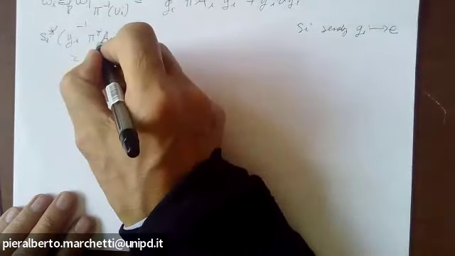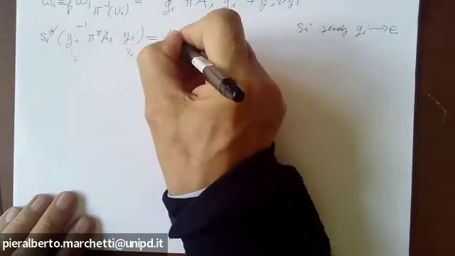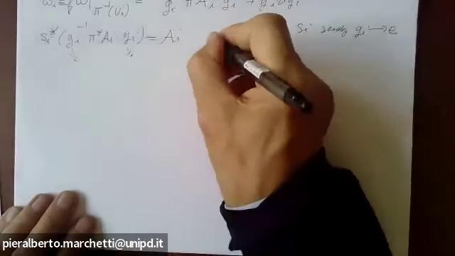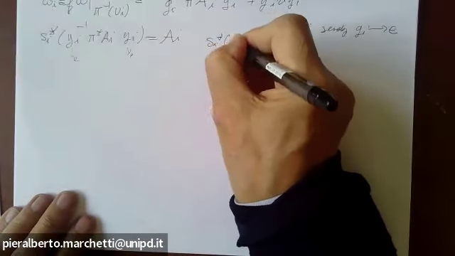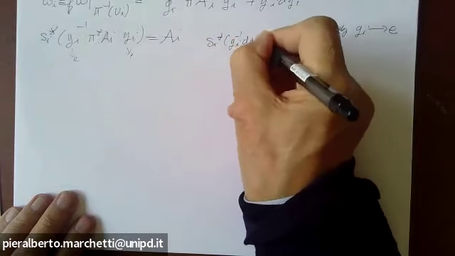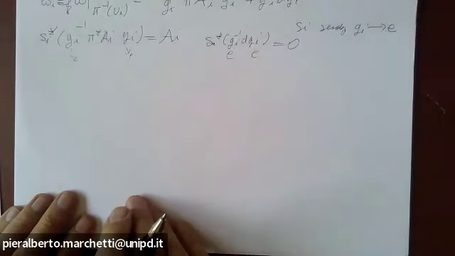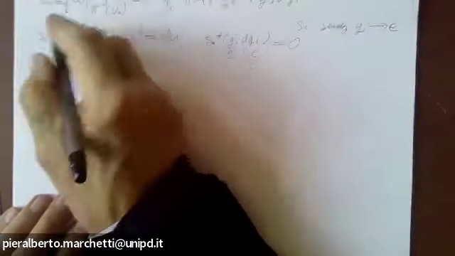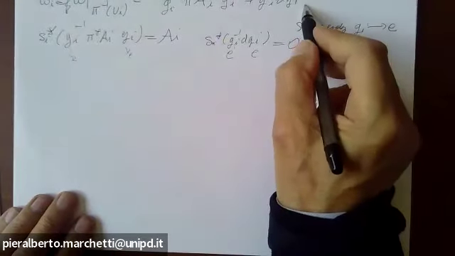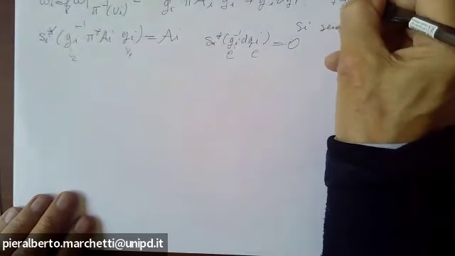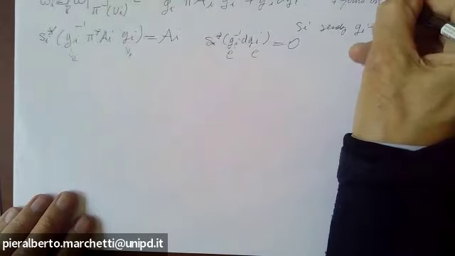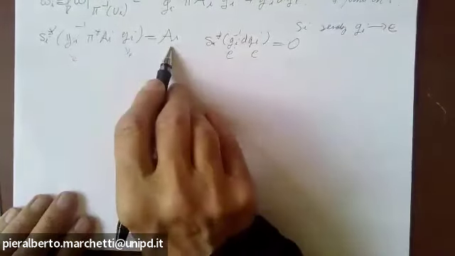And S times pi star is the identity, so this is AI. And also SI star times GI minus 1 dGI, since GI is e when you introduce SI, is clearly 0. So it is true that, in fact, this is a one-form on P such that SI star of it is equal to AI.